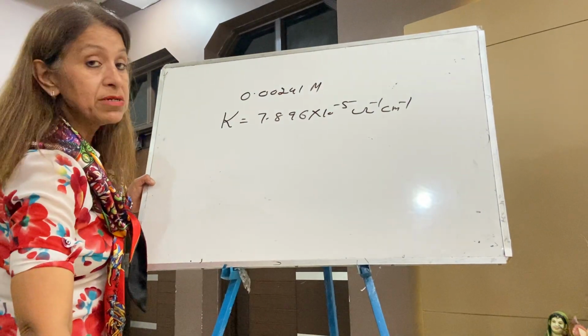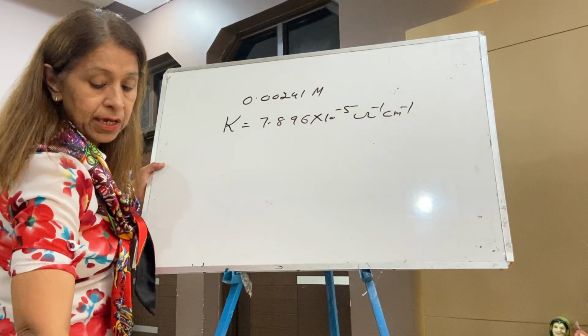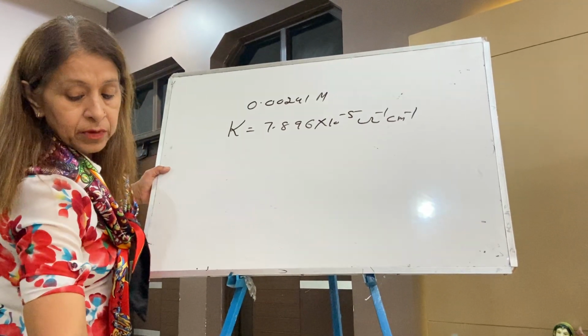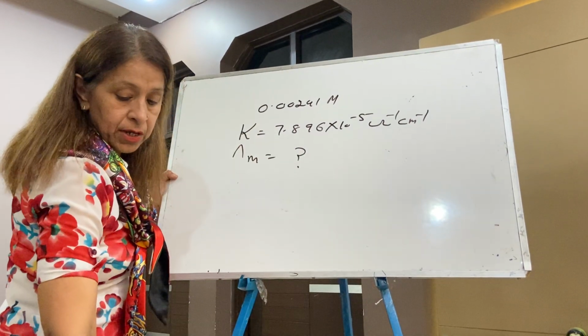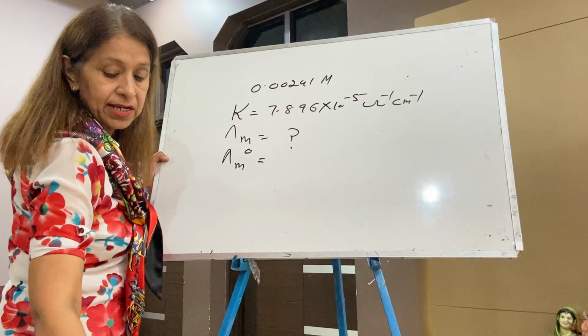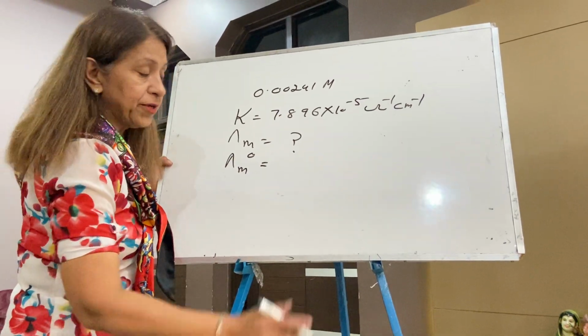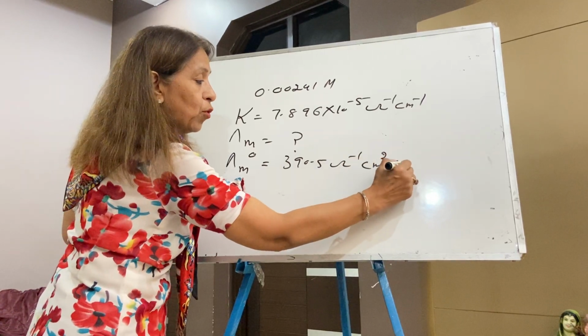Per ohm per centimeter is the unit of conductivity, that is kappa, that is specific conductance. Calculate its molar conductivity, lambda m. Lambda m naught is given for acetic acid, it is 390.5 per ohm centimeter square per mole.